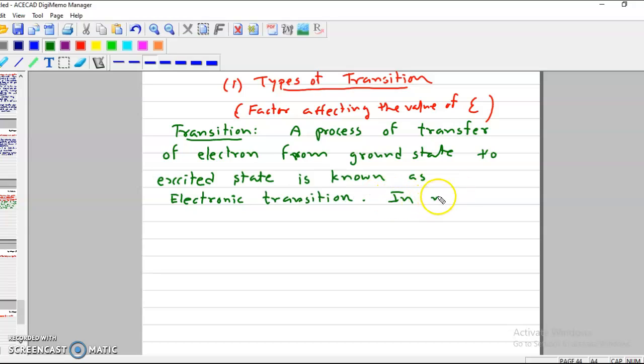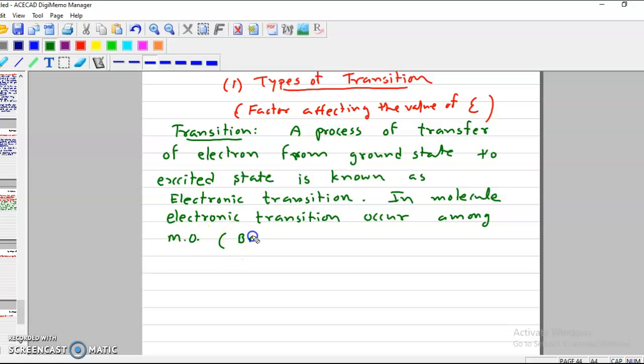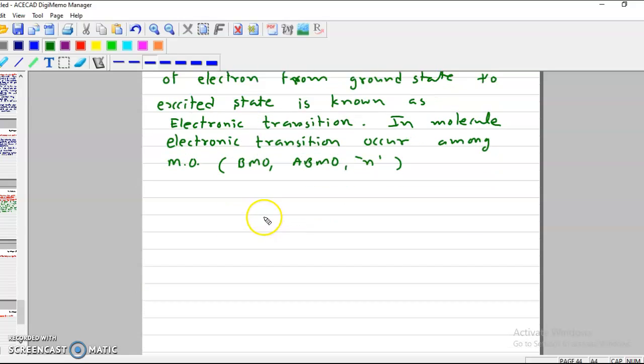In a molecule, electronic transition occurs among molecular orbitals like BMO, ABMO, and n orbitals, etc. There are two types of transitions.